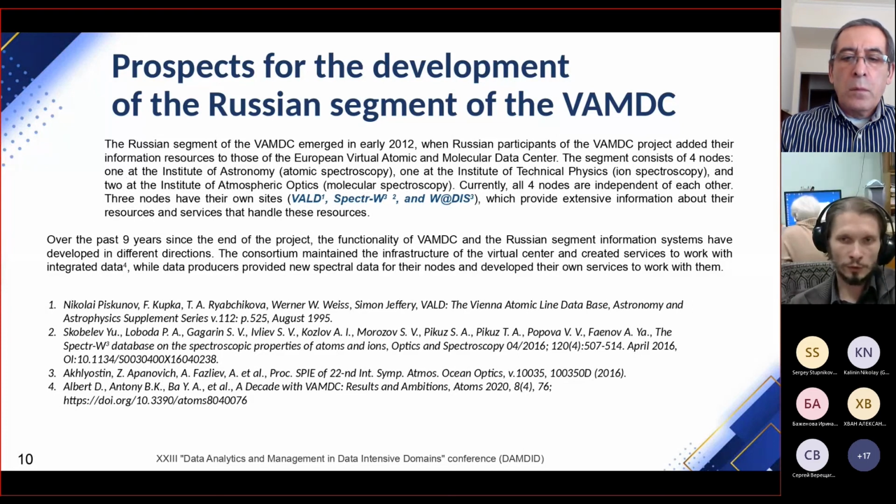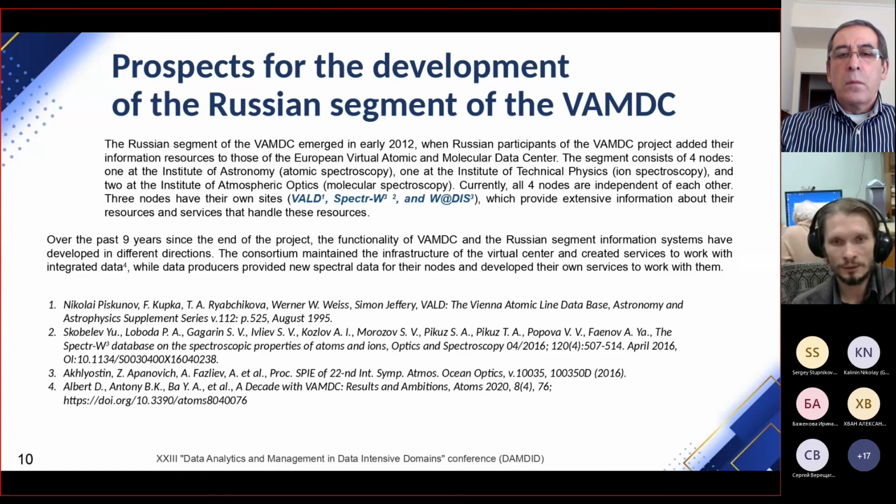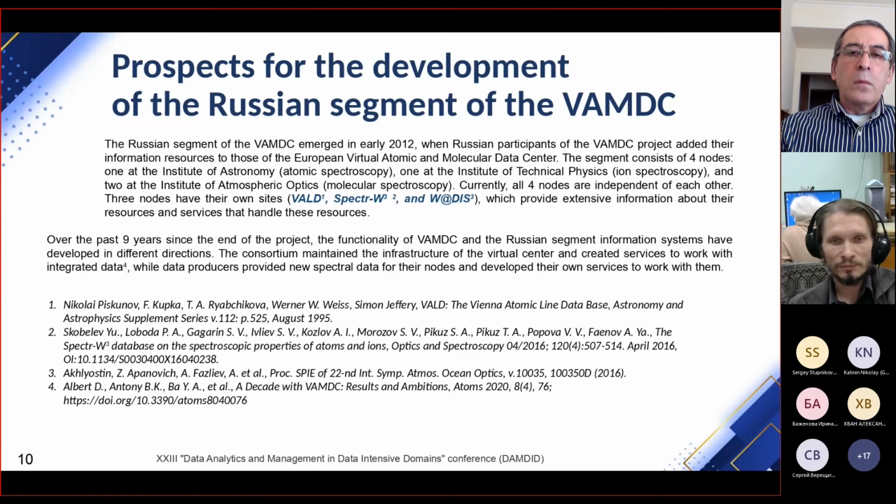Currently, all of these 4 nodes are completely independent of each other, and 3 of them have their own information systems. They are VALT, Spectr-W3, and VADIS. Each of these information systems provides extensive information about the resources of the system and services that handle these resources.